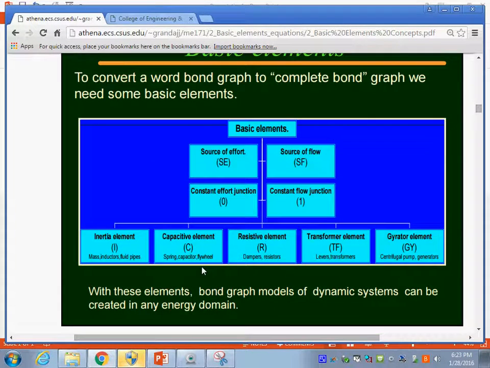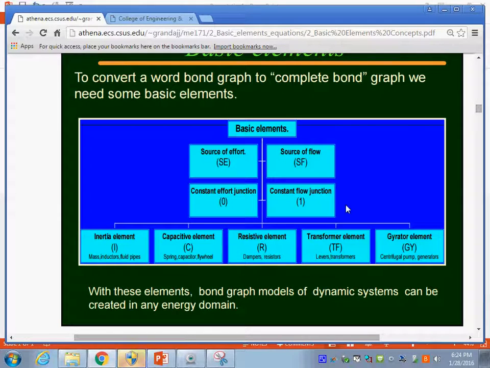You have the R element, which is, so in other words, the springs store potential energy, right? The R element actually does the opposite. It creates resistance, dissipates energy.